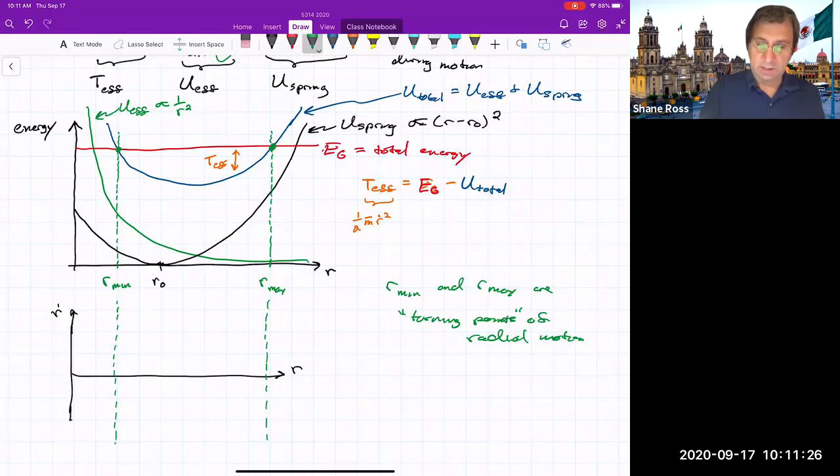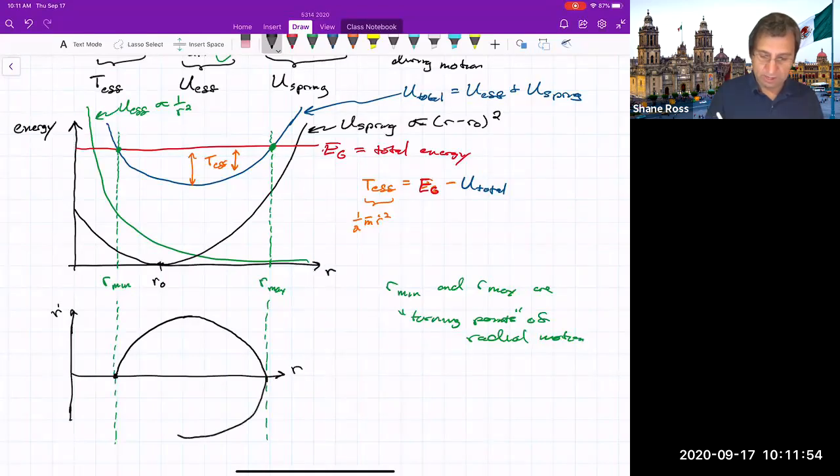And we could just sketch what, if these are turning points, our r dot has to go to 0 there, because the effective kinetic energy goes to 0 there. And then it'll reach a maximum, like right in the middle. And it'll vary in a way that looks like something we sketched above. And then there'll be negative going back that way. So this is supposed to be the same curve as I plotted up above.